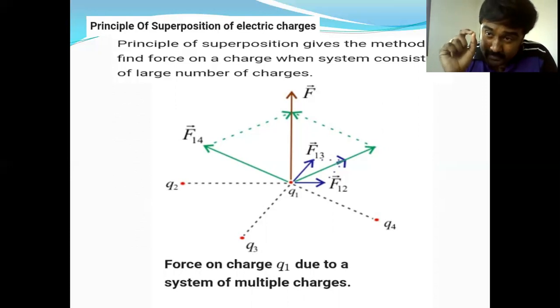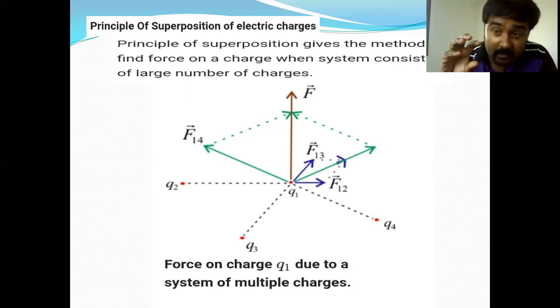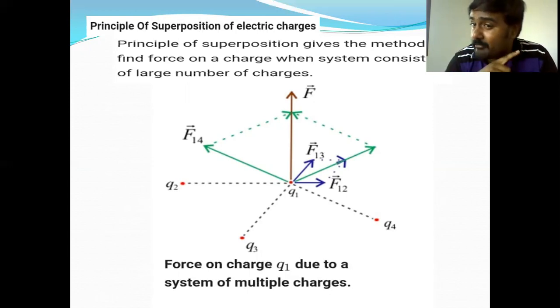According to the principle of superposition, when a number of charges are interacting, the resultant force on one particular point charge is given by the vector sum of the forces produced by individual point charges.